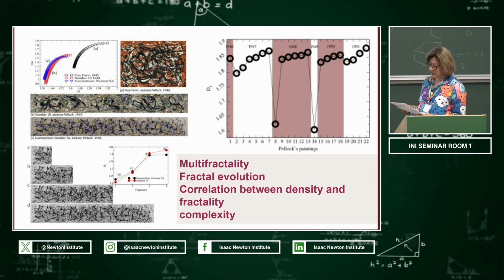Here we recognize the correlation between density and fractality, but also that complexity cannot be characterized with only one measure. What about the technique? If density determines fractality, then can anyone paint like Pollock? Well, no.